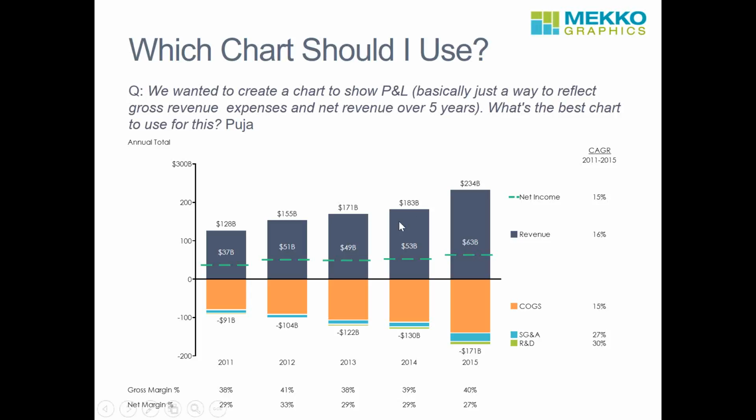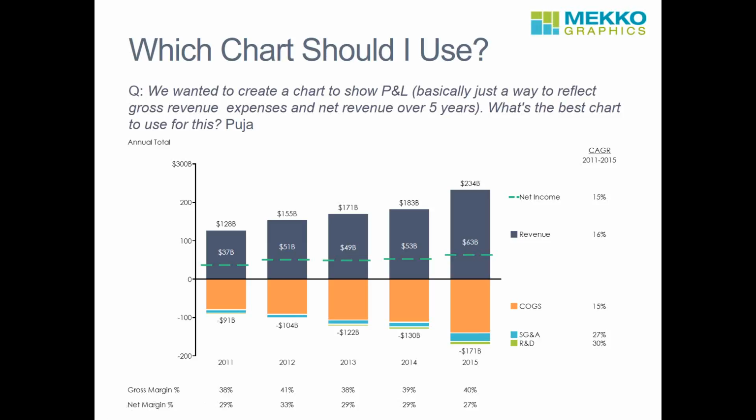What we have here is the stacked bar chart where we've got revenue shown positively above the bar and our expense categories in negative numbers sitting below the bar, so you can see the growth in revenue by tracking the positive numbers and the growth in expenses by tracking the negative numbers.